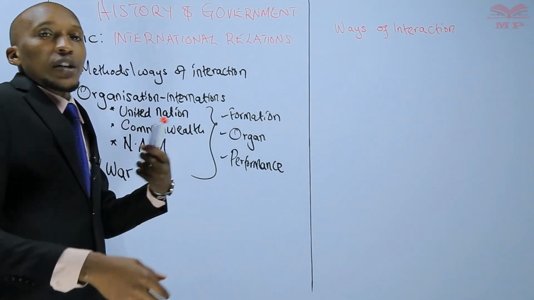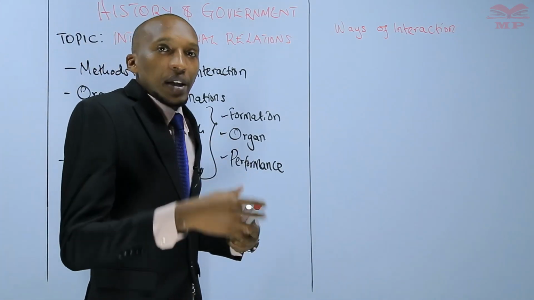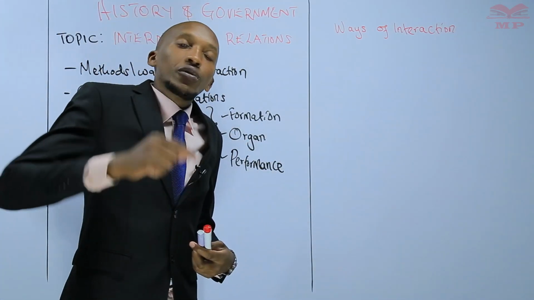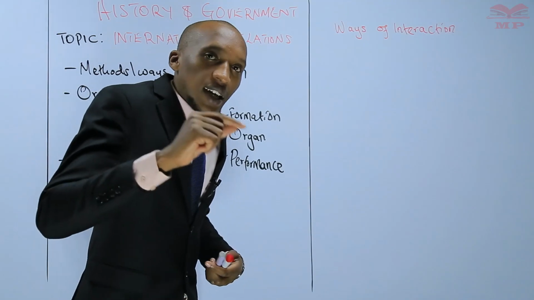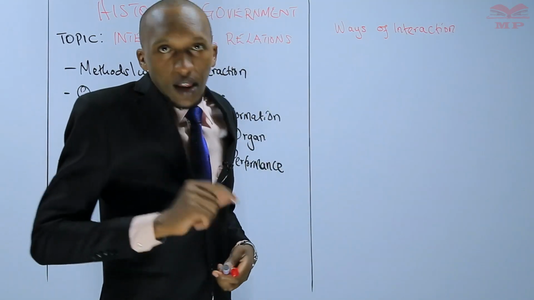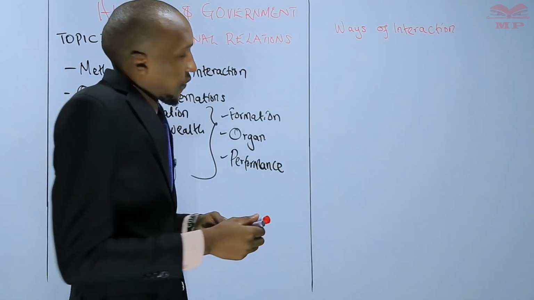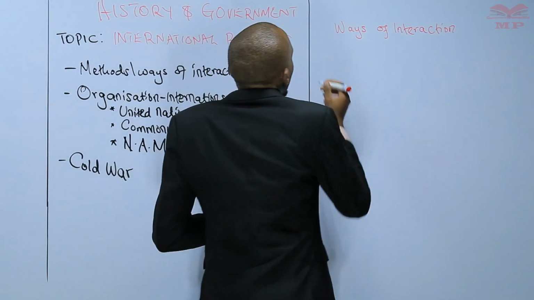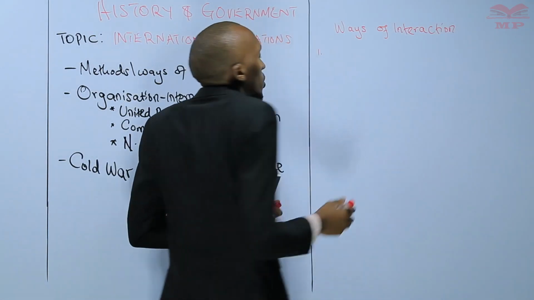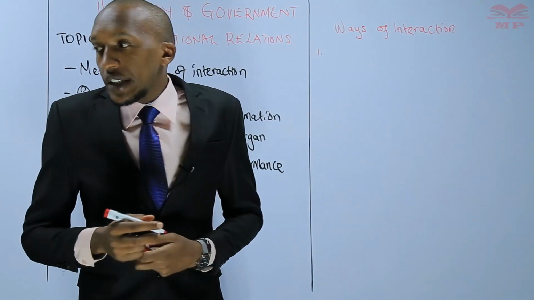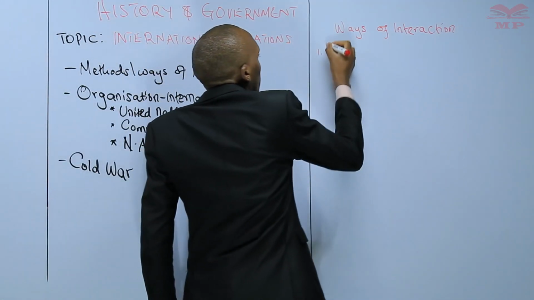So there are different ways in which independent nations, remember we are talking of states or countries that are independent from the other, interact. So the first method of interaction is political relations.